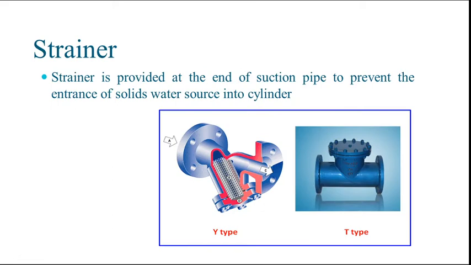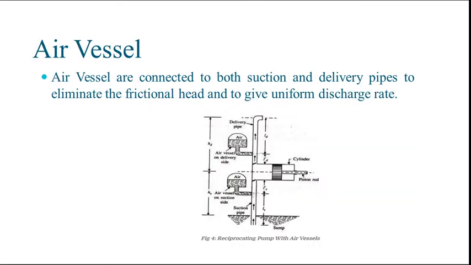Strainer is provided at the end of the suction pipe to prevent the entrance of solid particles from water sources into the cylinder. The diagram shows the Y type and T type of strainers. Air vessel. Air vessels are connected to both suction and delivery pipes to eliminate the friction head and to give a uniform discharge rate.